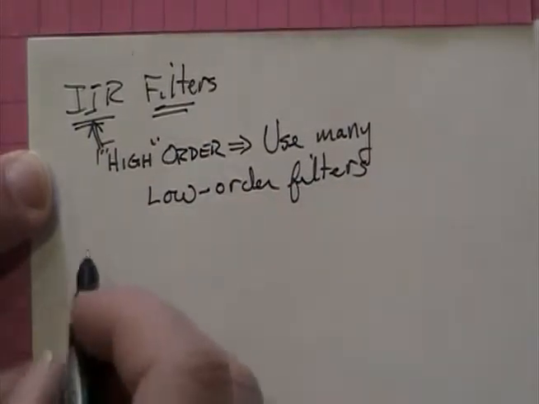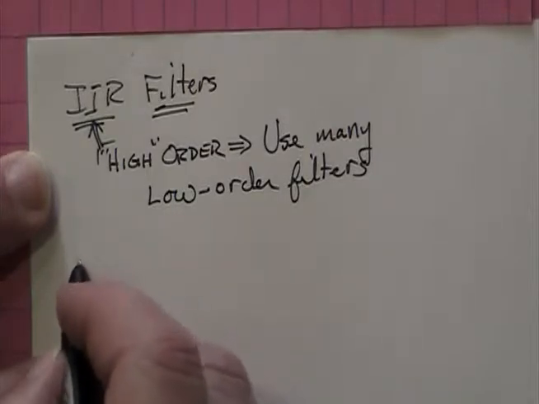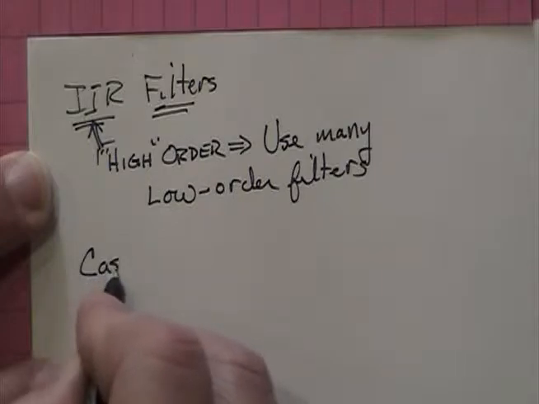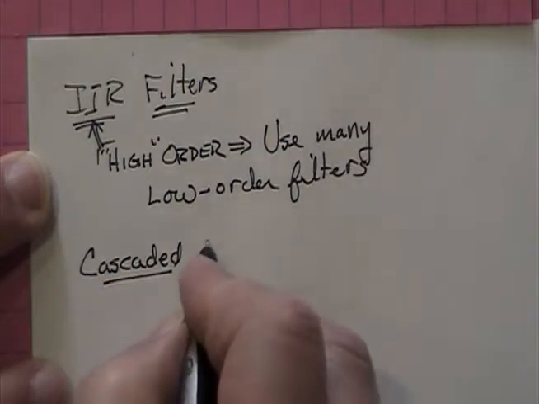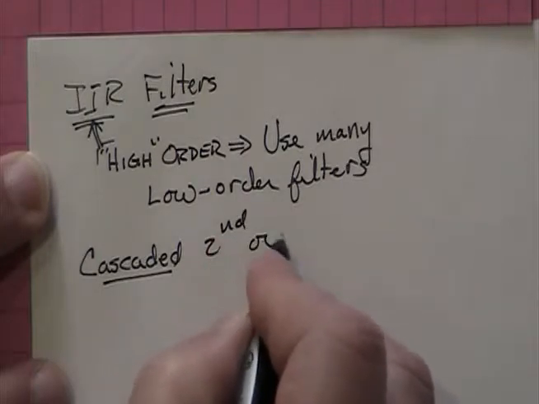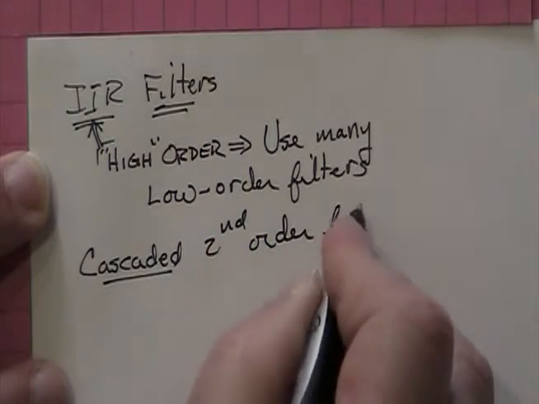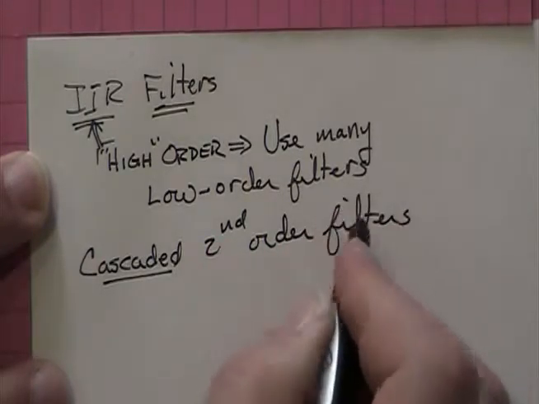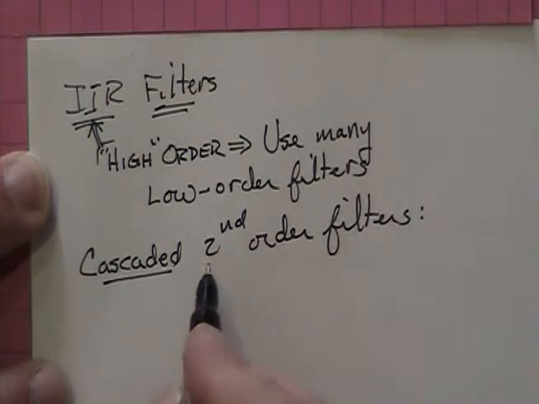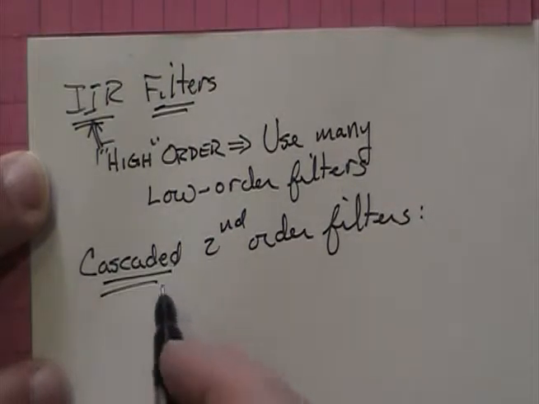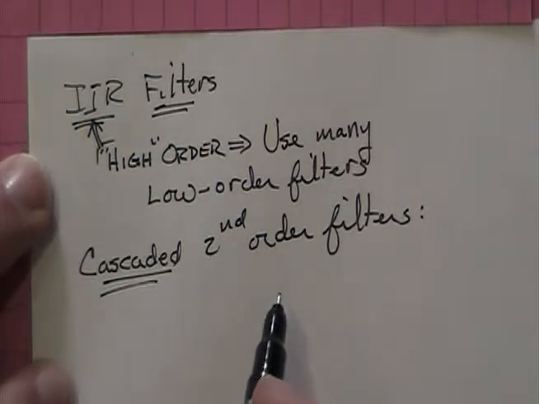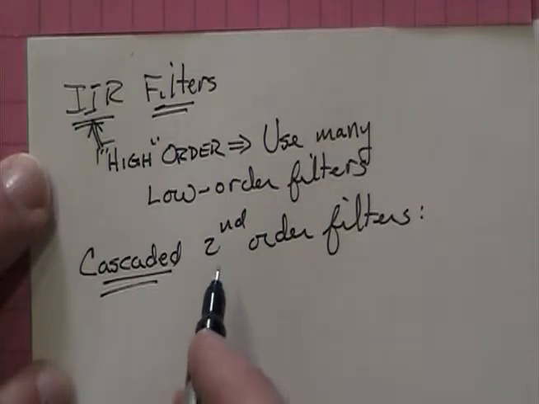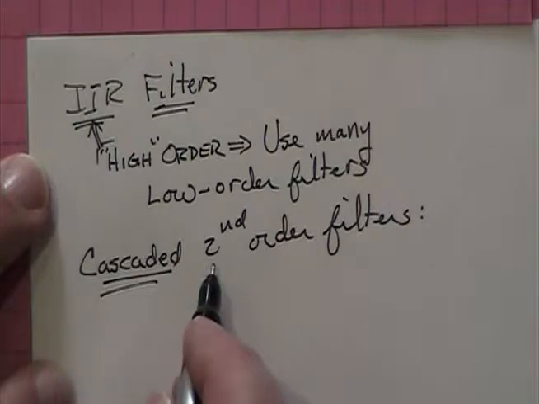In the most common case, the one we used in the lab, we can talk about cascade implementations of second order filters. Every filter you've implemented in IIR form in our lab, we've forced you right from the start to use these cascaded implementations where I break H of Z down into smaller order filters.